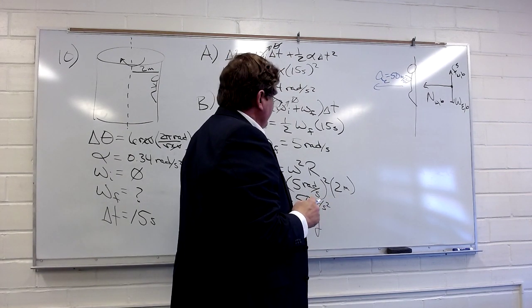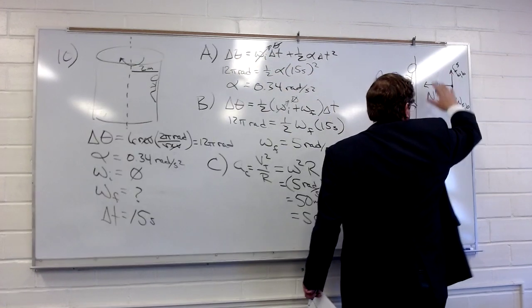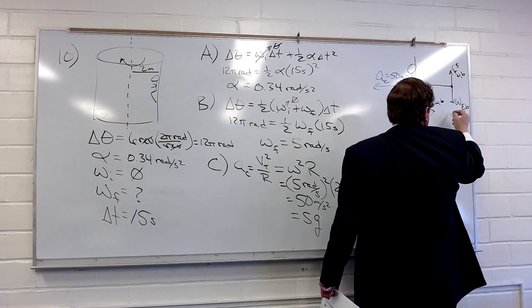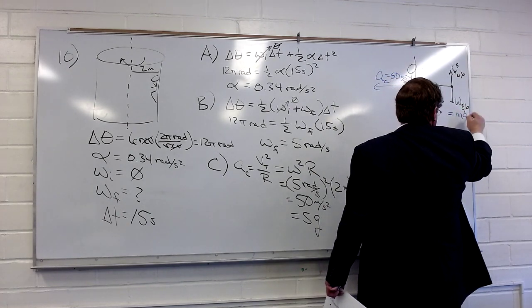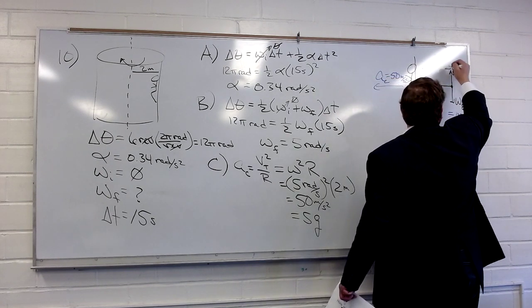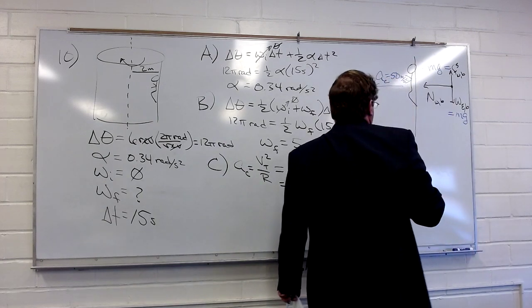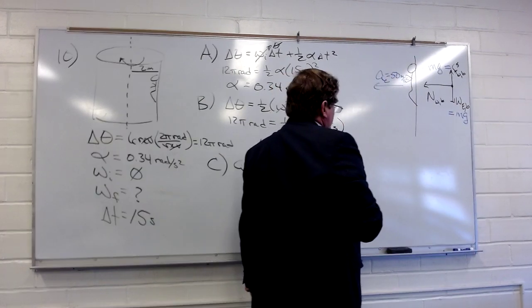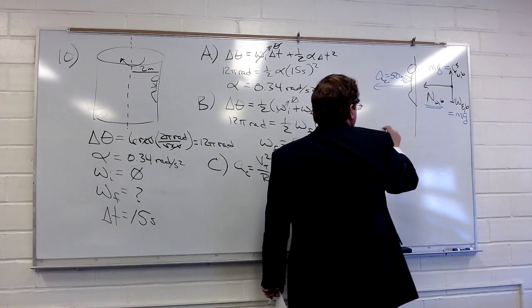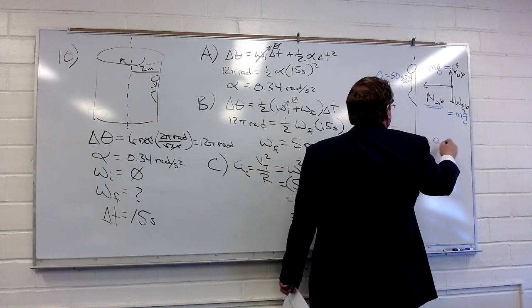So if I look at this free body diagram, what that tells me is that there's no acceleration up or down. So this is going to be mg. And if there's no acceleration up or down, the static friction also has to be mg. Okay? Now I can find this net force by using F net equals ma.